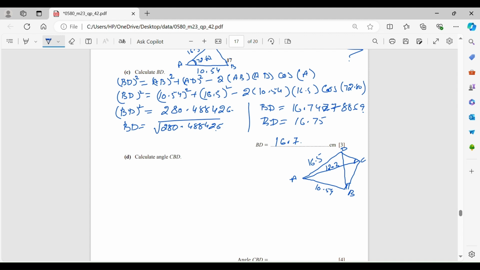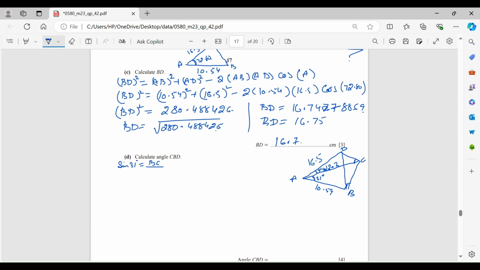That means first we will need to find BC. BC we will find using sine. This is 31 degree, this is 41.80, right? So sine 31 degree will be equal to BC, opposite over hypotenuse.